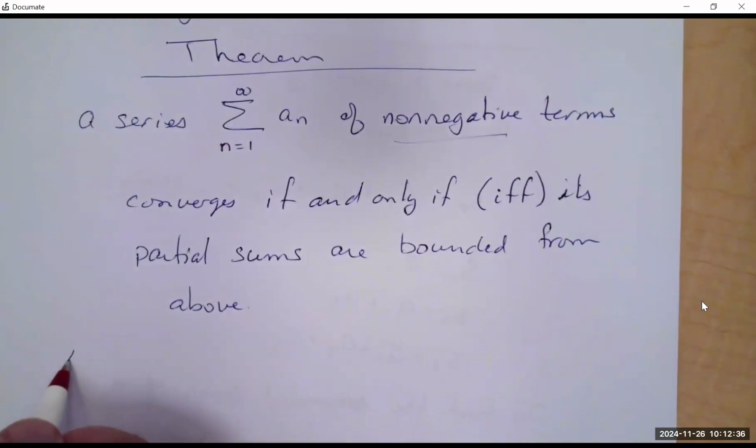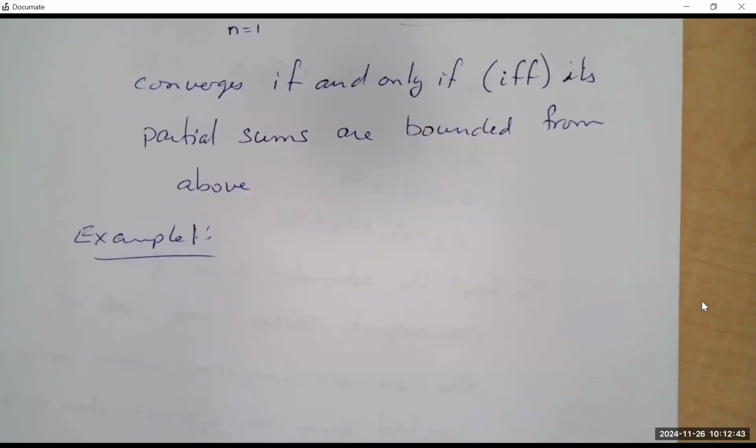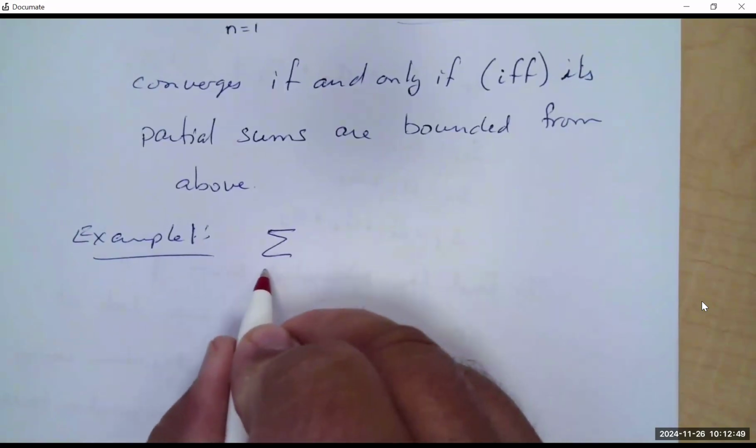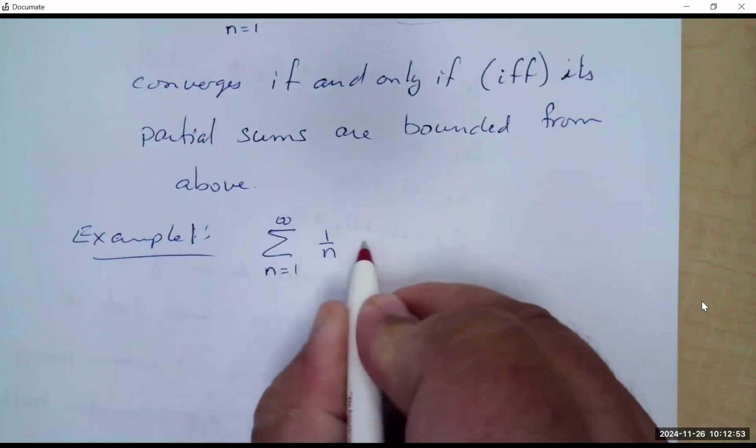So here's an example. Example 1. As an application of the above corollary, consider the harmonic series, n equals 1 to infinity of 1 over n.